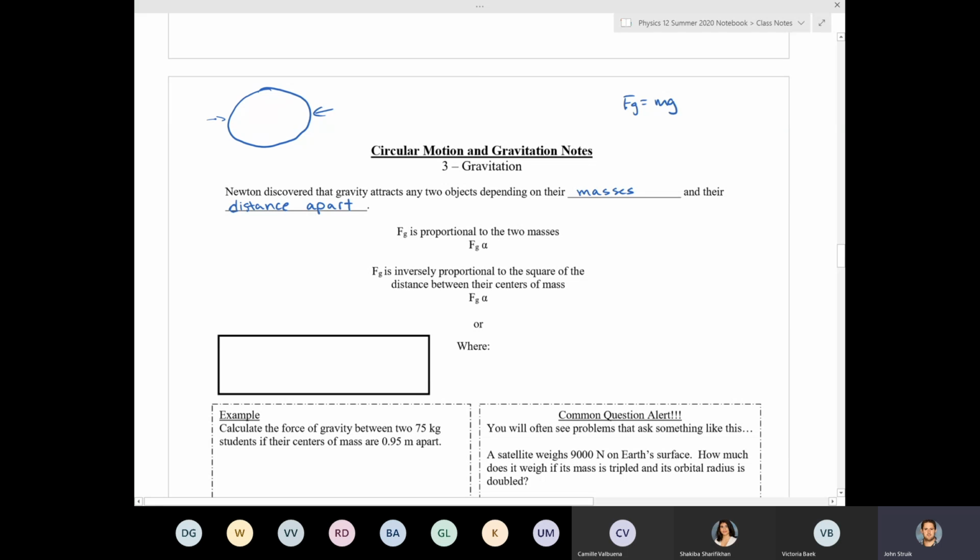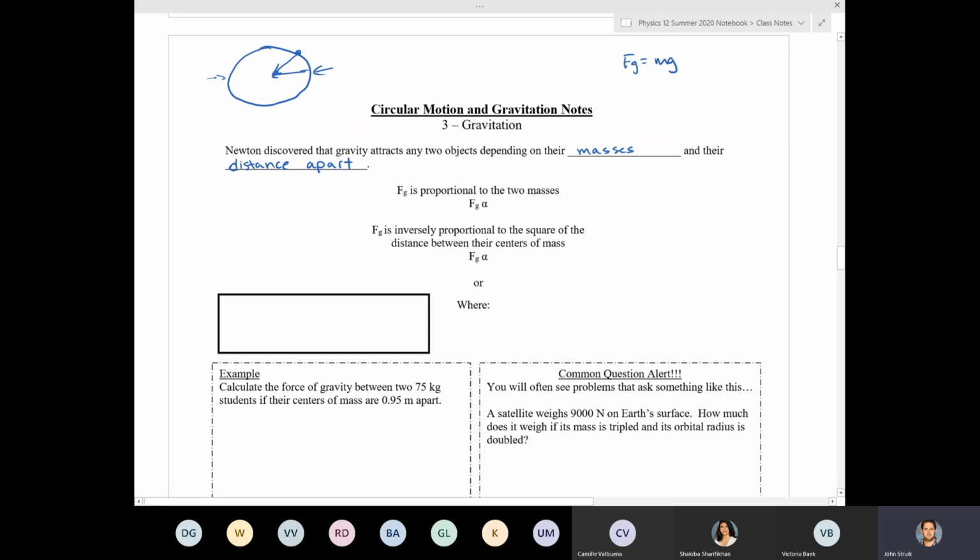So if you're standing on the equator, the distance you are from the center of the Earth is different than if you are in Vancouver. You're actually closer to the center of the Earth than on the equator. So the value of g is stronger where we are than it is on the equator. It's actually less than 9.8. And if you were to climb a mountain, the value of g gets lower and lower. So it depends on how far you are from the center of the Earth, because that's what's pulling you towards Earth.